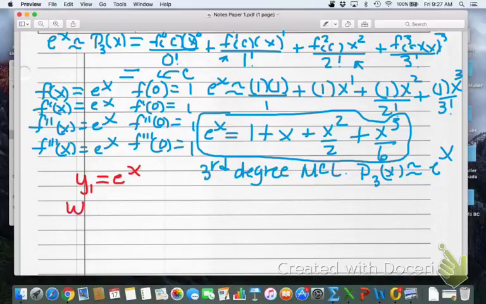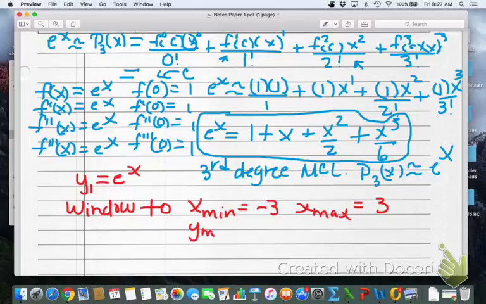I want you to set your window to x min equal -3, x max equal 3, and then y min equals -0.3, and y max equals 4. Alright, I'm going to just tell you to pause right here and do that.